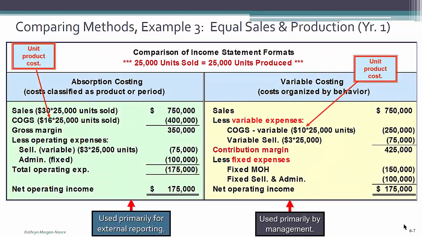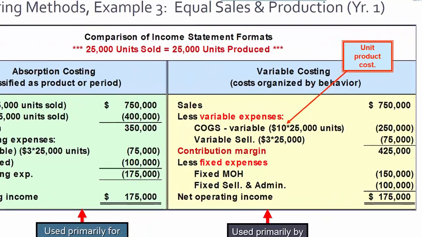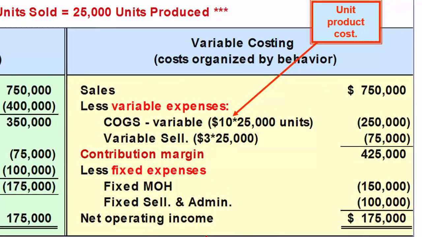You've already seen the absorption costing income statement presented on the left side of this slide. We walked through it in the Part 2 video in this series. Now on the right side of this slide is an income statement prepared using variable costing and presented in the contribution format. Let's explore the contribution income statement as a brief reminder. In the contribution format, costs are grouped by the way they behave into variable and fixed expenses, regardless of whether they are product or period costs.